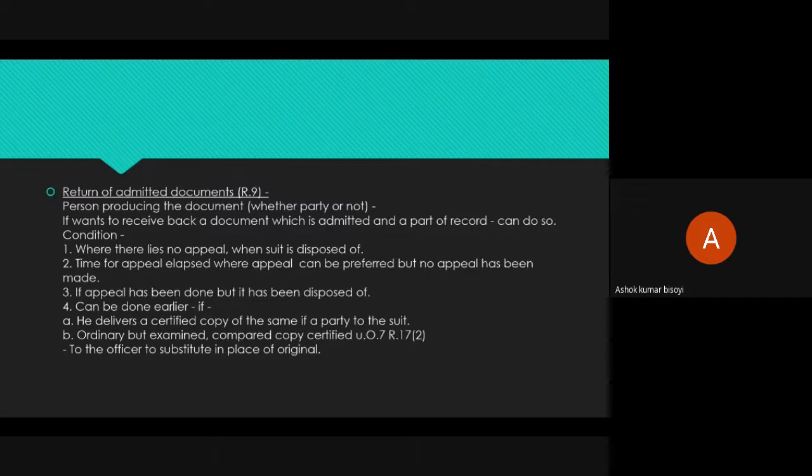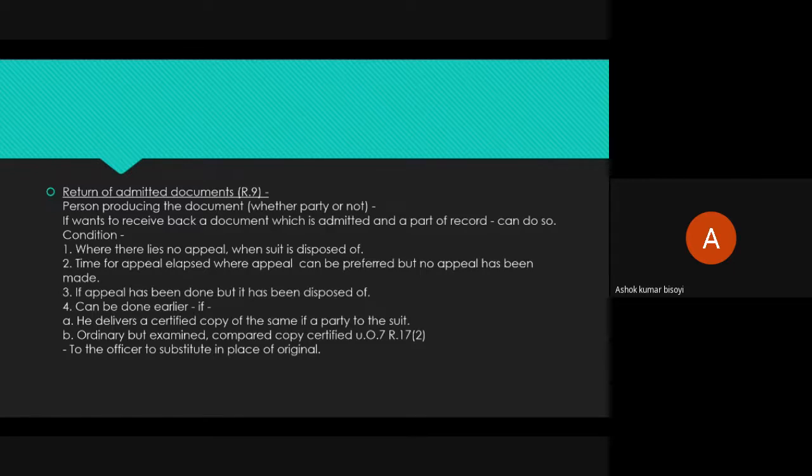First is that if there is no appeal provision prescribed for that, then when the suit is disposed of and there is no provision for appeal, he will get it back if he applies. And if the time of appeal has elapsed and no appeal is preferred, in that case also if he makes an application then he can get back the documents.